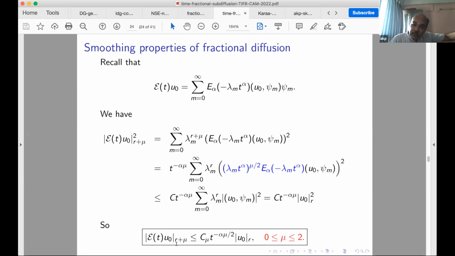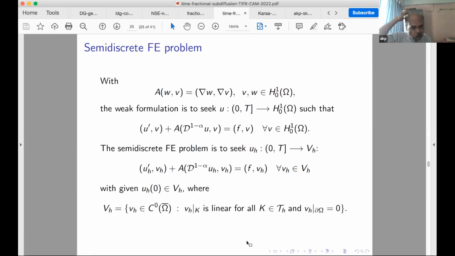That is going to be H2 space. The solution is in H2 space. It will tell you t to the power alpha U0 is going to be near 2. That is the best you can show. So it has limited smoothing property, but unlimited smoothing property for the linear heat equation.